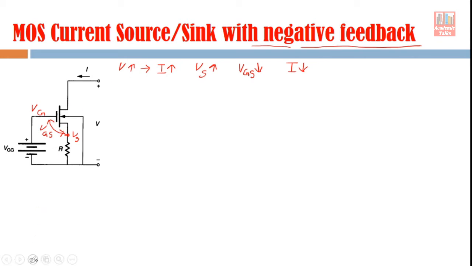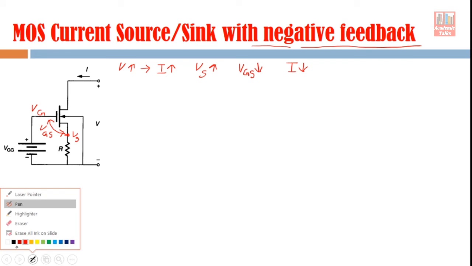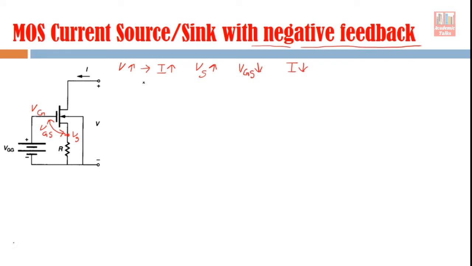So, you can look here. For the arrow I will use a different color, so that you can understand it more clearly. If output voltage V is increasing, then the current of course will increase here, because we know that in case of a MOSFET device, when voltage changes, there is a small increase in the current even in the saturation region. In the previous slide we have seen it.